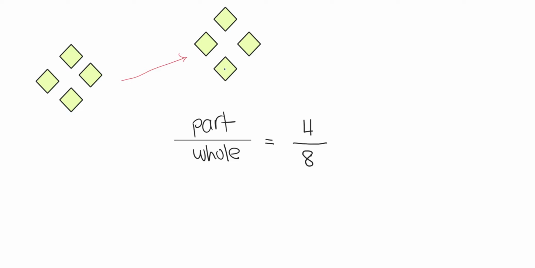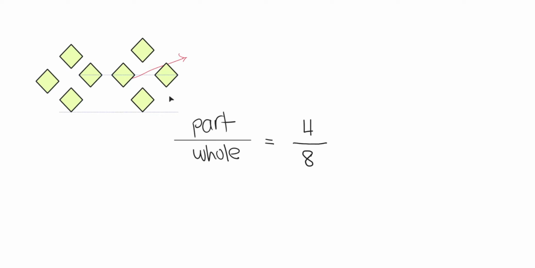Now, let's say I didn't give you 4. Let's try to make sense of this a little bit more. Let's just say I gave you 1. How do I represent this as a fraction? Again, think of the part that you got.